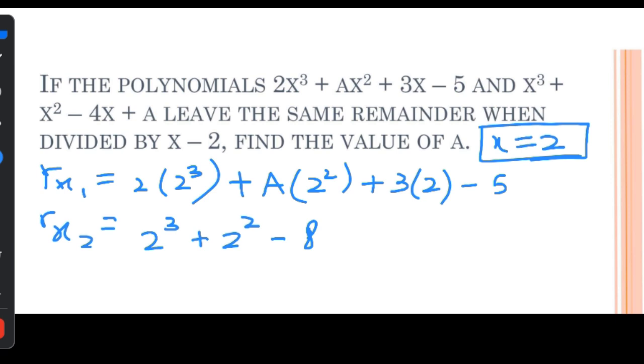Now we have to equate both of these. Now remainder of second expression is what, 8 plus 4 minus 8.